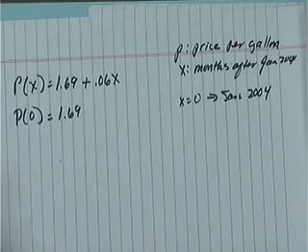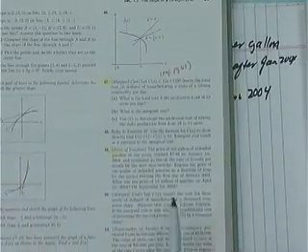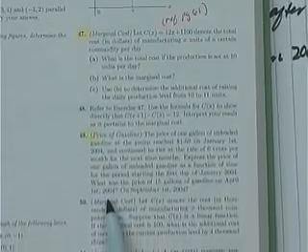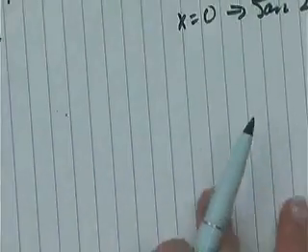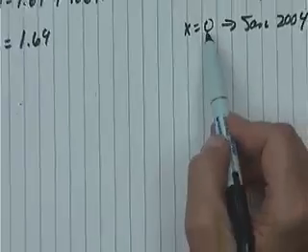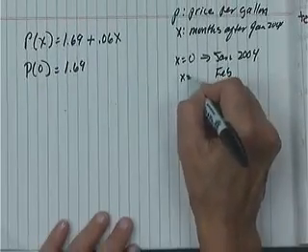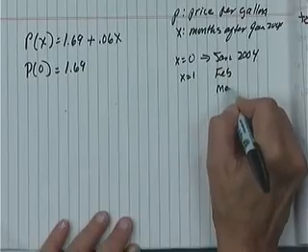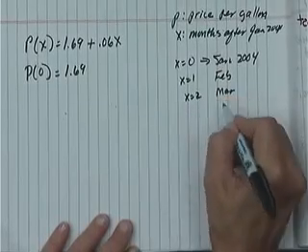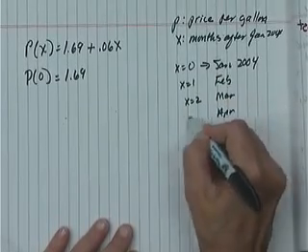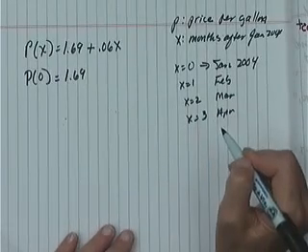Everybody good so far? All right, first question is, what was the price of 15 gallons of gasoline on April 1st, 2004? All right, so January is 0, February is 1, March is 2, April is 3, correct?